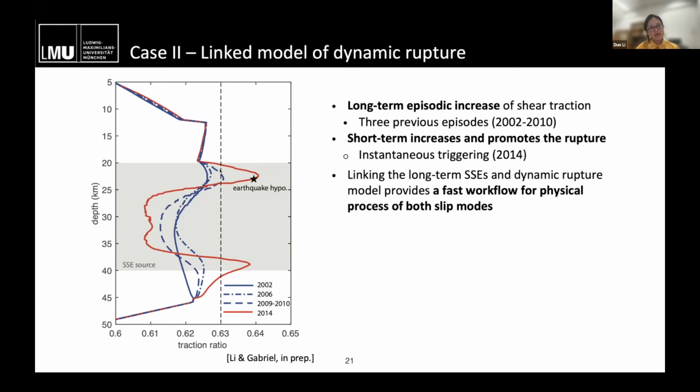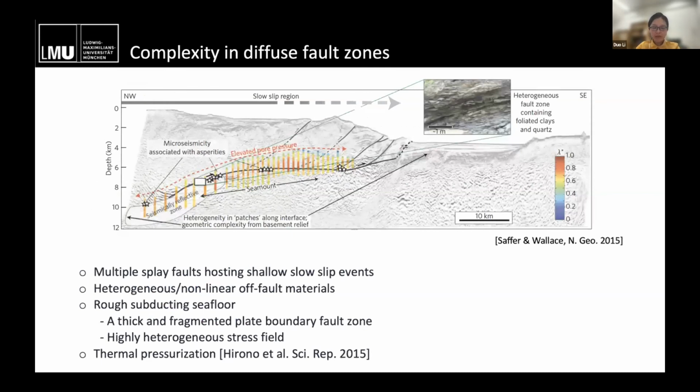The dashed line is the static friction coefficient we use in the model. So this event finally pushes it close to the rupture criteria and generates the dynamic rupture. So this is our story about the long-term deep slow slip events.